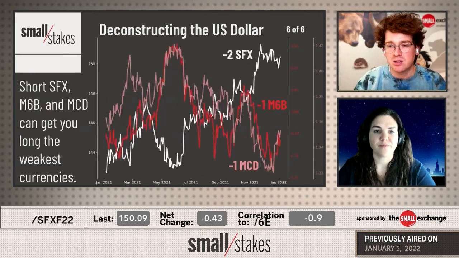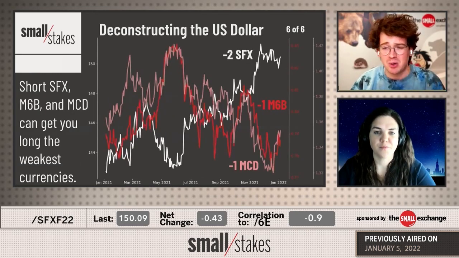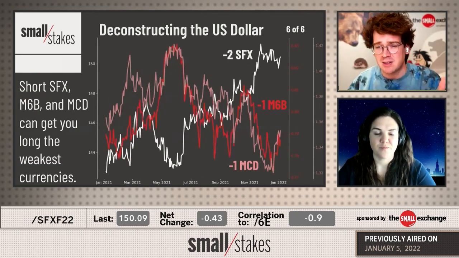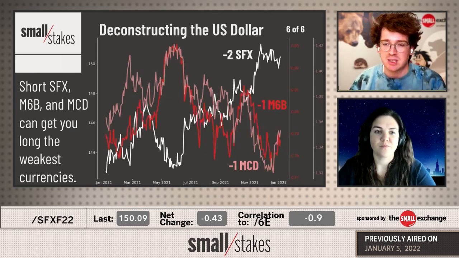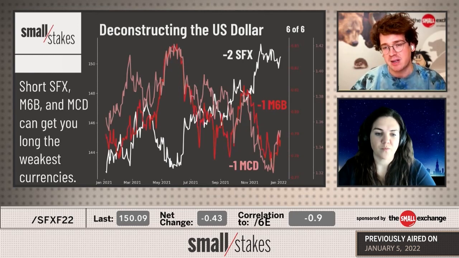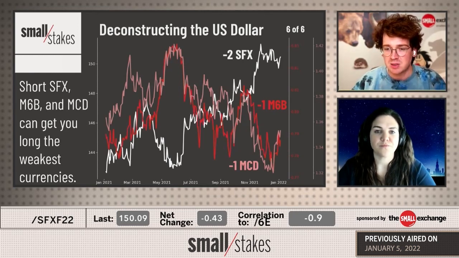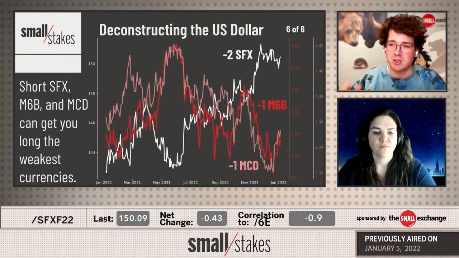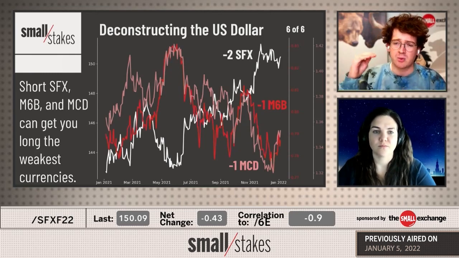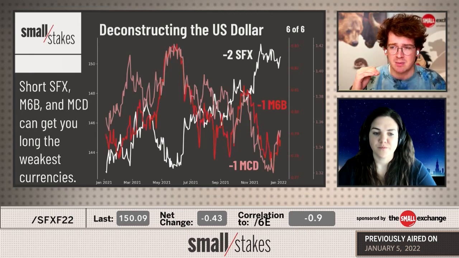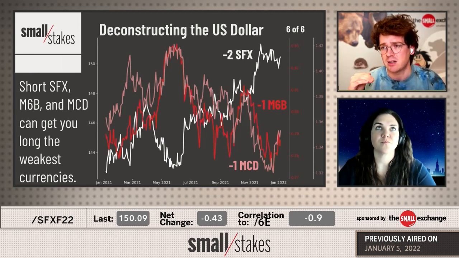And you can do this even simpler if you wanted to just sell one SFX and sell one M6B or sell one MCD, or you can go for it here and look at two short SFX, one short M6B, one short MCD. And those are the micro currencies, which are really, really small and really nice companions to the small US dollar futures.